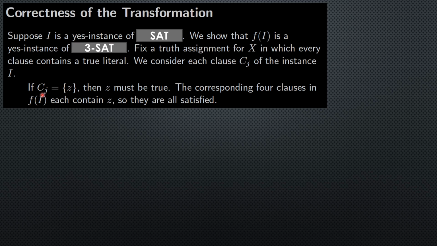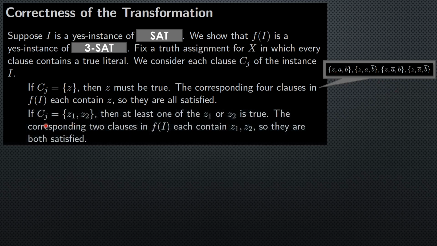So consider first the case where there's a single literal clause in the SAT instance. Then Z has to be true. If this clause is satisfied by the truth assignment x that we fixed, Z must be true. Which means the corresponding 4 clauses that we created in f of I each contain Z, right? So all 4 of those have to be satisfied.